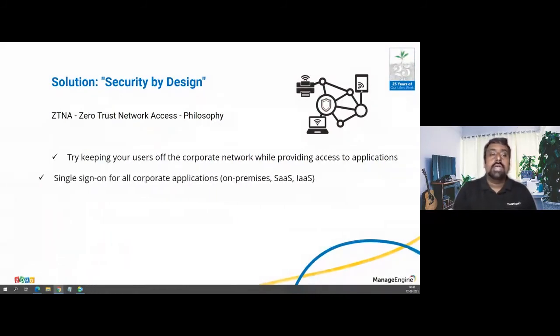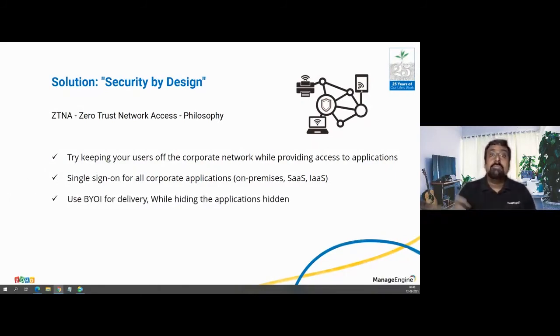Keep them off, right? Single sign on for all your applications, whether it's on-prem or a SaaS model or an IaaS, whatever comes in future. Enforce single sign on for all your applications. If it's going to be your own internet kind of approach, keep your applications hidden, right?